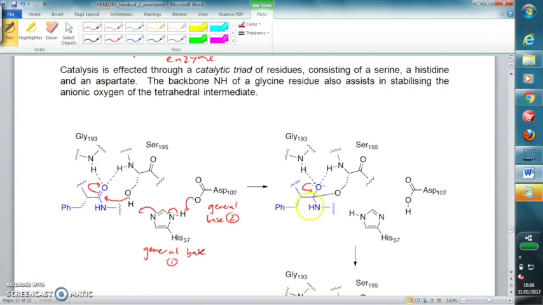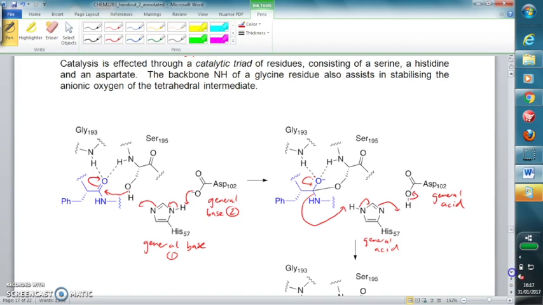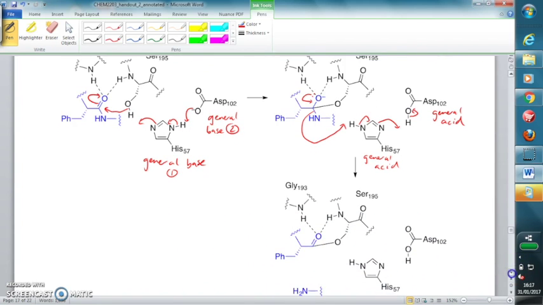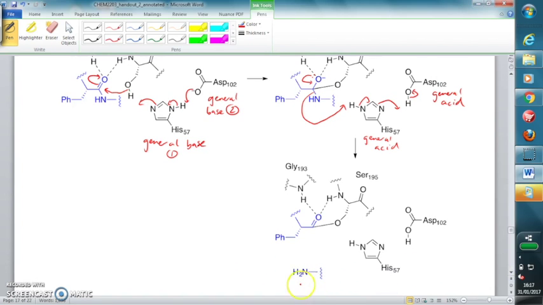So we're going to kick out the leaving group, and that's going to get protonated by the histidine. So now the histidine is acting as a general acid, and that's assisted by the fact the other nitrogen is going to get protonated by the aspartic acid. So again, these 2 residues acting in concert to help with the protonation of the amine leaving group.